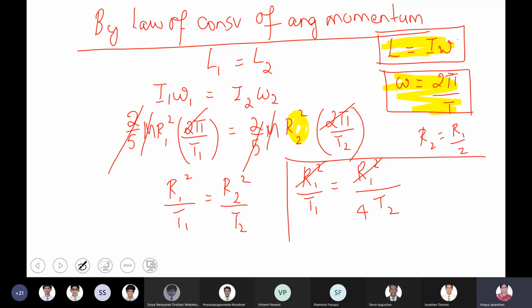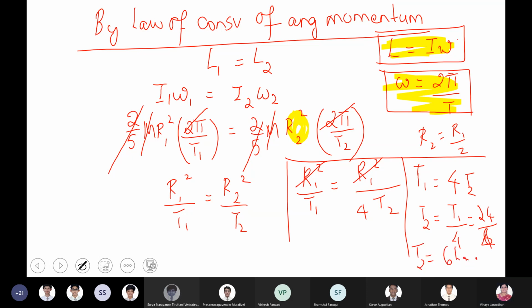Or I can write T1 is equal to 4 T2, or T2 is equal to T1 by 4. So what is T1? 24 hours by 4. So T2, the new time period, is 6 hours.